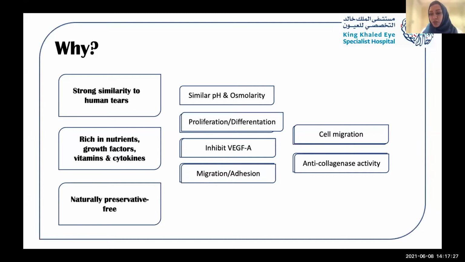They're naturally preservative-free because they have the IgGs and the IgAs and all of these immunoglobulins and the lysozymes. This is a very good advantage because we all know the drawbacks or the side effects of the preservatives in any drops, especially in those sensitive ocular surfaces.